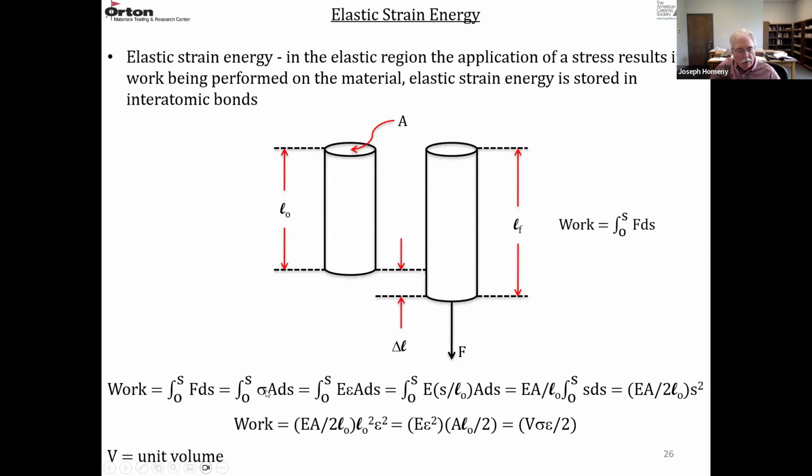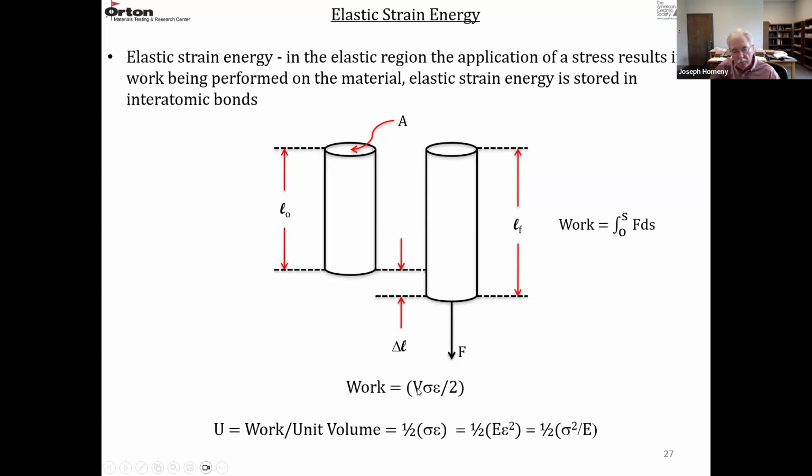And then we know that sigma is E epsilon. So this term is equivalent to sigma epsilon. So the work is the volume under stress times the stress times the strain divided by 2.